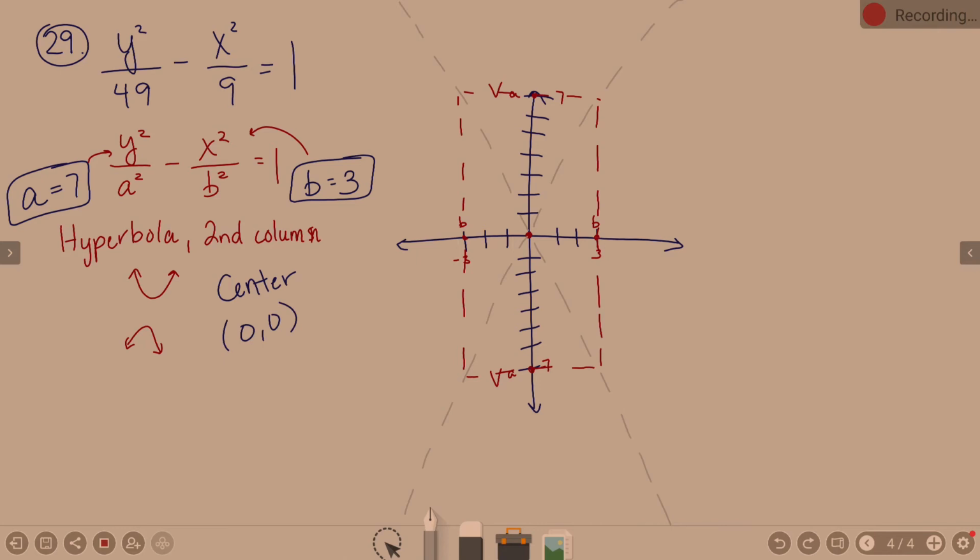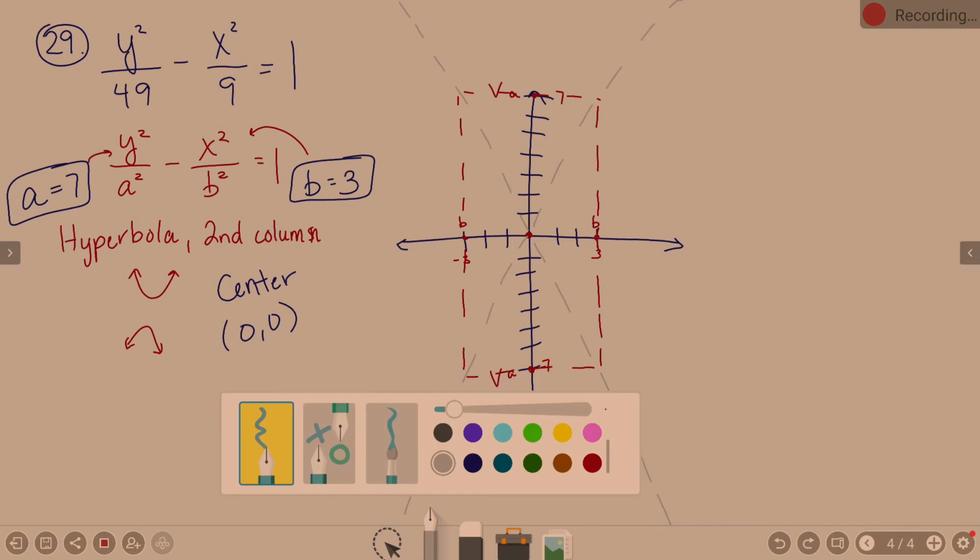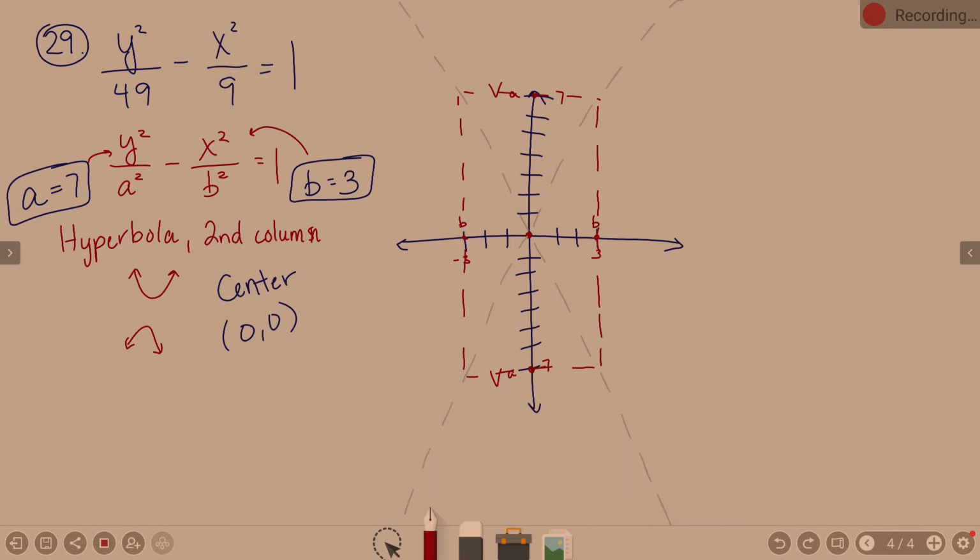So I've got my rectangle, my box. I've got my asymptotes. Where do I actually draw my hyperbola? We already talked about the fact that it is going up and down because Y is the dominant direction here.